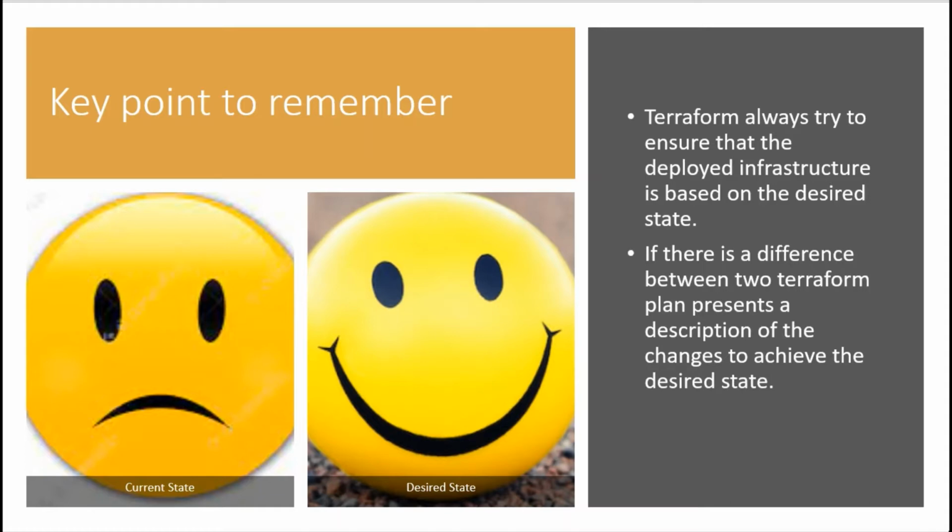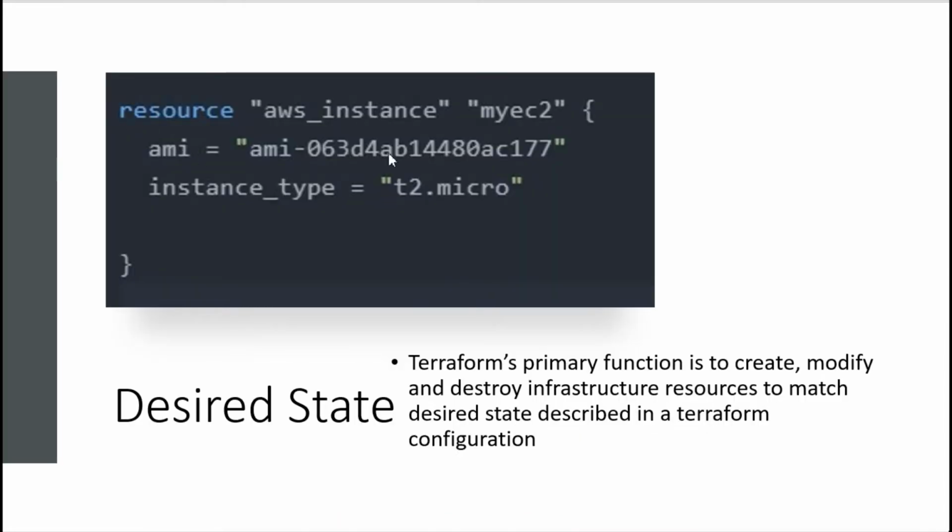If you modified anything locally, that also will be reverted, and you will be able to see those changes when you do Terraform plan. So Terraform always tries to ensure that the deployed infrastructure is based on the desired state. Desired state is nothing but the configuration which we describe in the Terraform configuration.